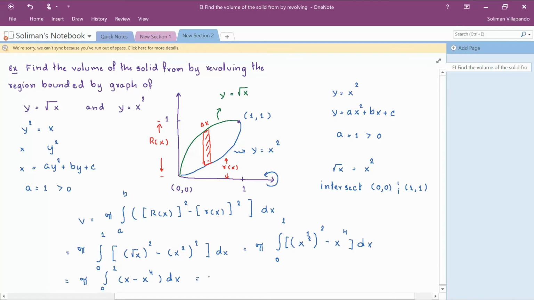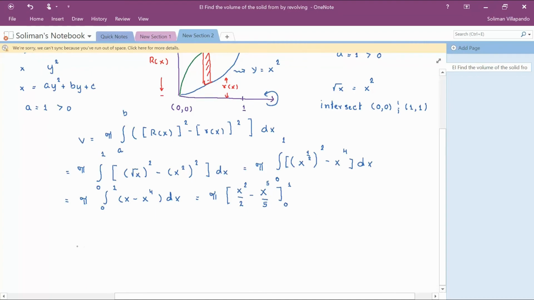Then for the rest, you just take the integral. The integral of x is x squared over 2, minus x to the 5th over 5, from 0 to 1. Let me move this down a little bit so it's not so messy. So I would have pi, your lower bound is 0, your upper bound is 1.